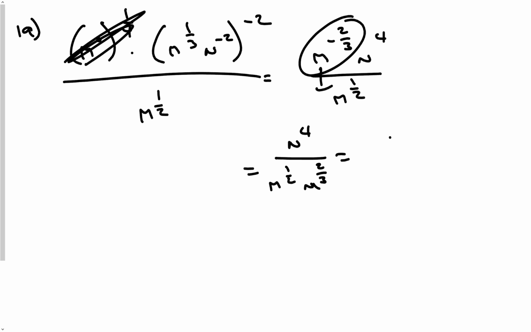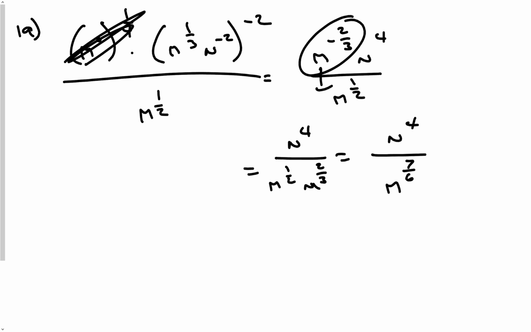Okay, so common denominator of 6 gives me 1/2 plus 2/3 gives me 7 over 6. Okay, so I got 1 over every letter. I'm simplified, no powers to powers, no negative exponents, no zero exponents. This is a simplified expression.